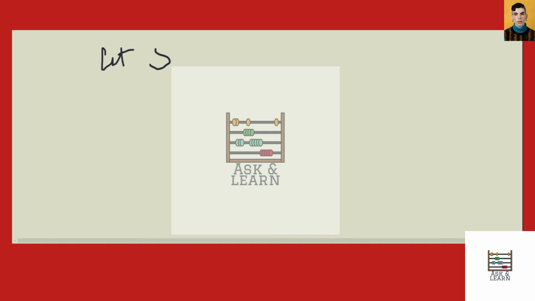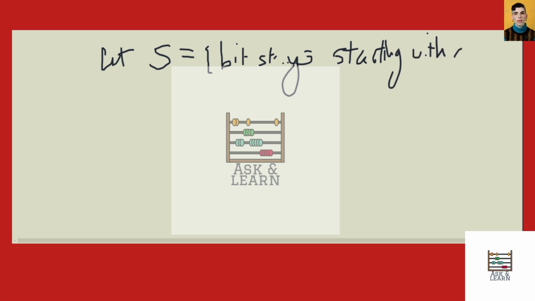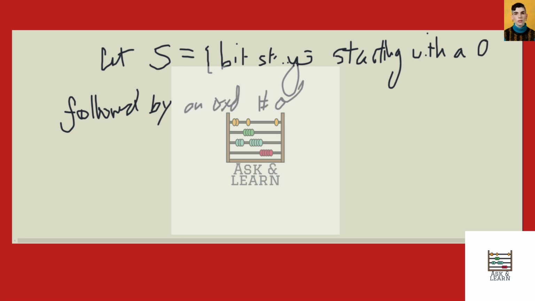So let S be the set of all bit strings starting with a 0 followed by an odd number of ones. I'm not really sure if there's a much simpler way to write this, so I'm just going to use this full description.